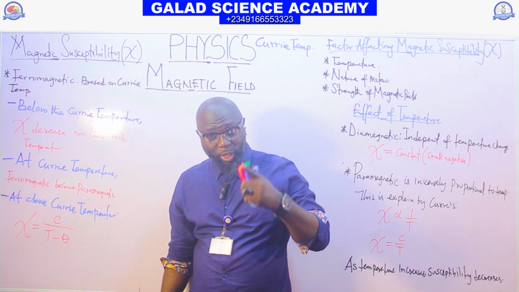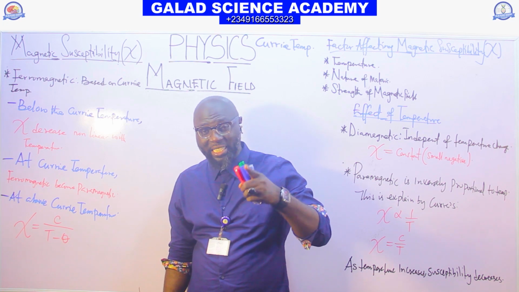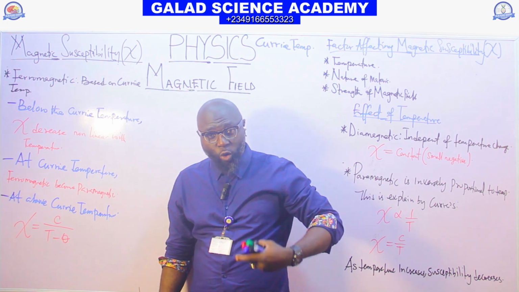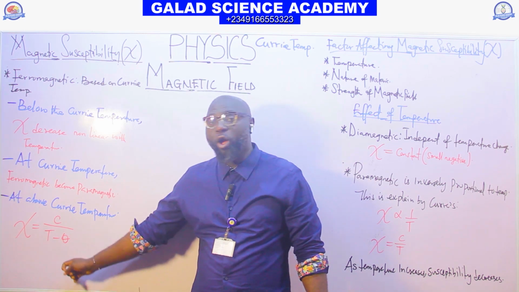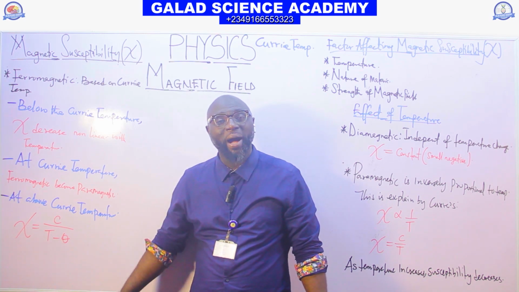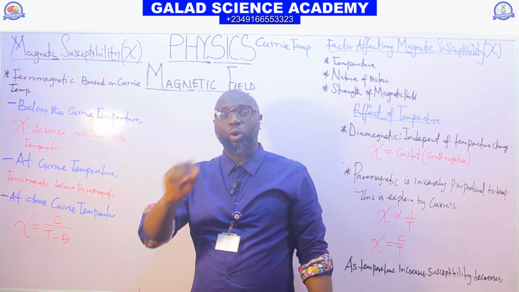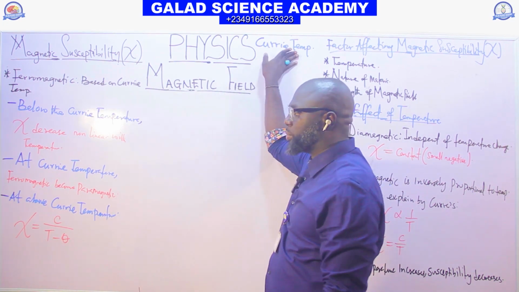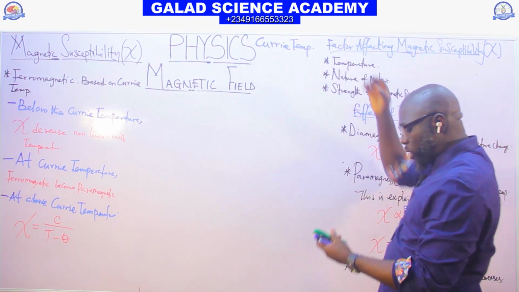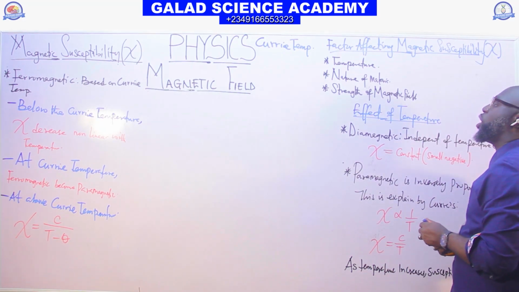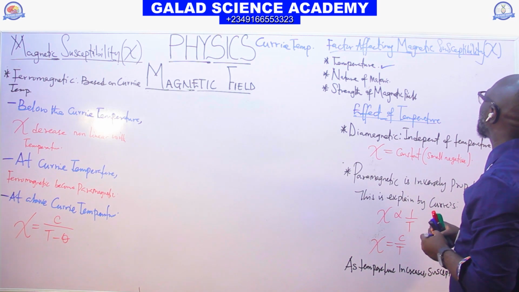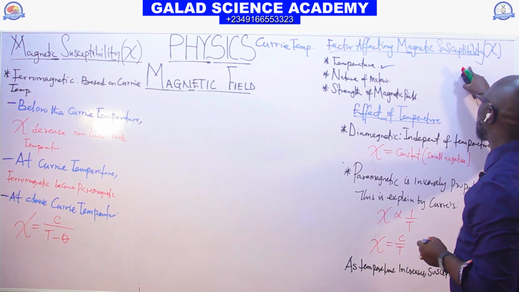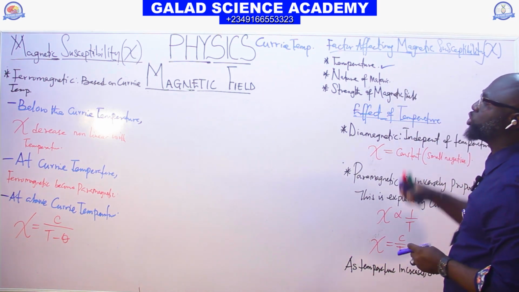Once again, it is the temperature at which a ferromagnetic material loses its magnetic property and becomes paramagnetic. That is what we call the Curie temperature. So we are done with the effect of temperature on magnetic susceptibility.